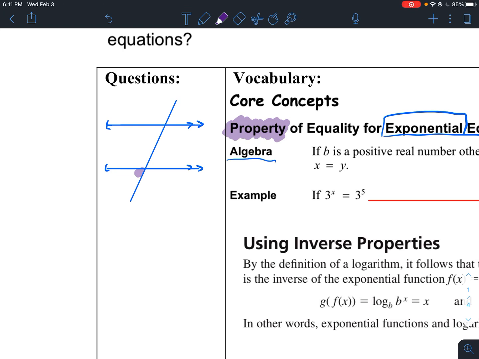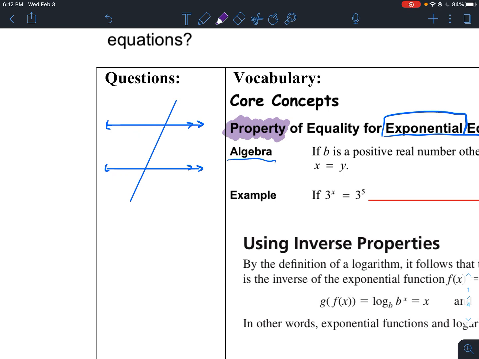What corresponding means is that these two parallel lines intersect this line right here at two different locations. It intersects here and it intersects here. So relative to the two intersections, this corner is corresponding with this corner, meaning they're in the same location relative to the intersections.